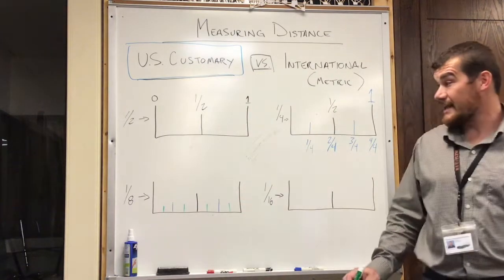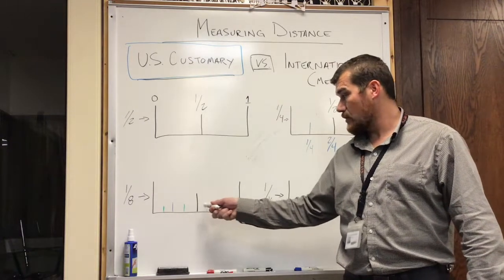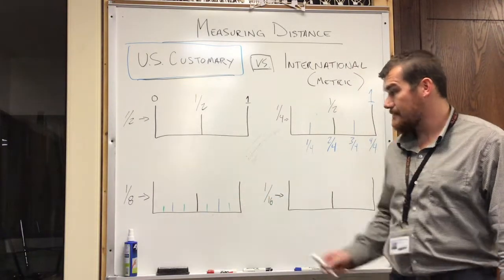And we would know that's an 1/8 scale because we have 8 increments. 1, 2, 3, 4, 5, 6, 7, 8.